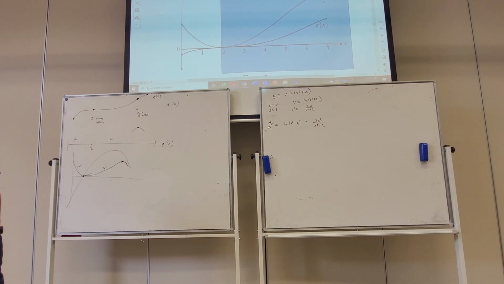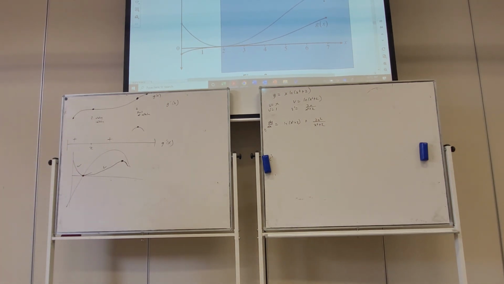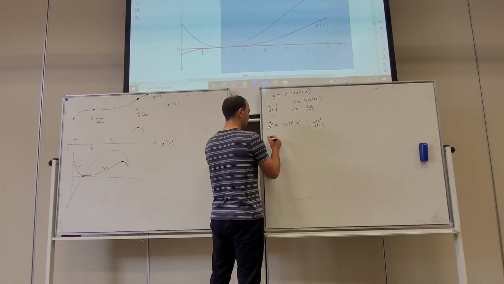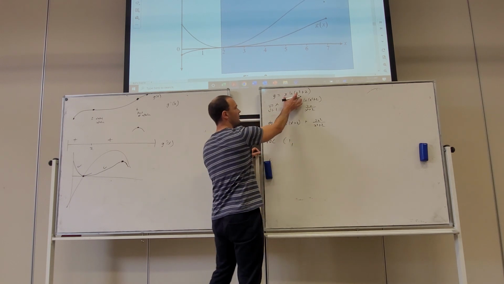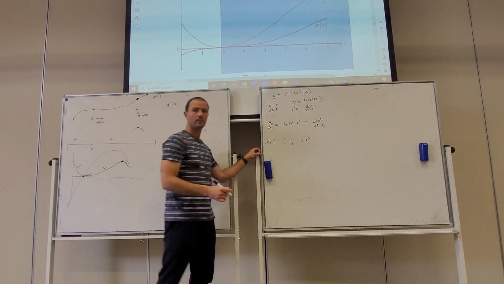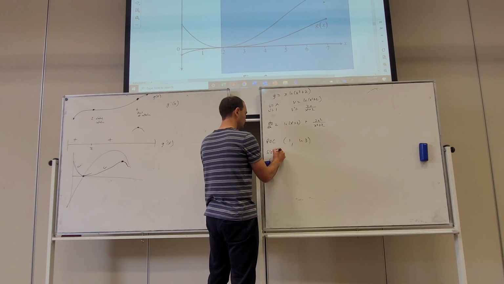Show that the tangent to the graph at x equals 1 has the equation. So we're finding the tangent at x is 1. For a tangent, we need the point of contact. When x is 1, the value is going to be 1 times ln of 3. And we need the slope.